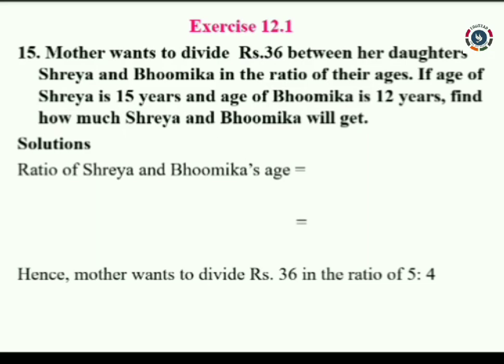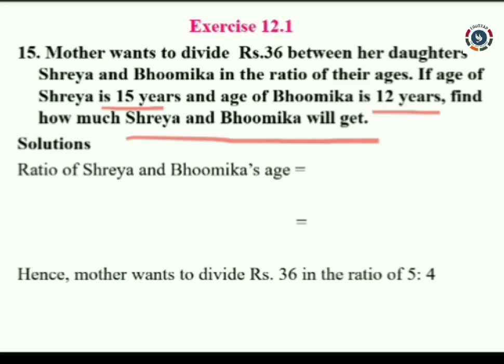Now we are going to find the ratio, right? First, you have to write the given data. So, your given data is the ratio of Shreya and Bhumika's age. You have to write the ratio according to your question. So, Shreya and Bhumika's age. Shreya's age is 15 years and Bhumika's age is 12 years.